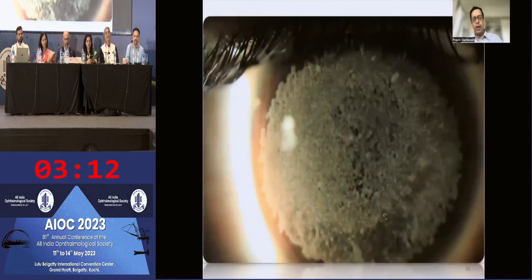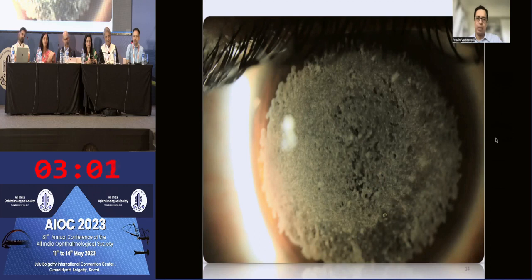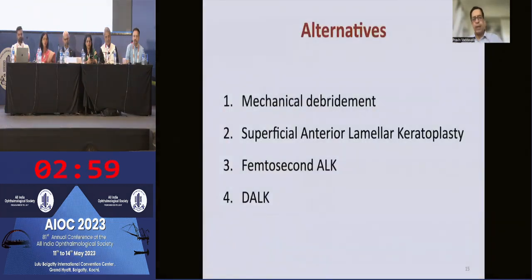What do you do when you have denser lesions that are slightly deeper in the cornea, which might not be amenable to PTK, or to scraping or removal of the surface? Well, you have alternatives, and these include mechanical debridement, which is useful in some cases of spheroidal degeneration and some cases of the superficial variant of granular corneal dystrophy.